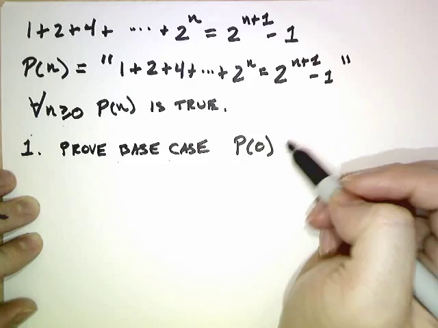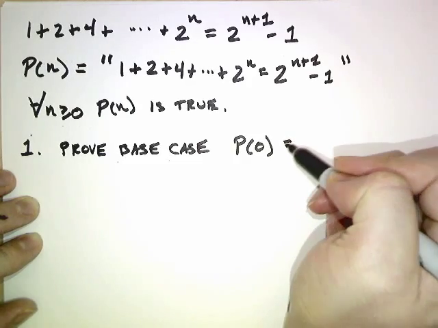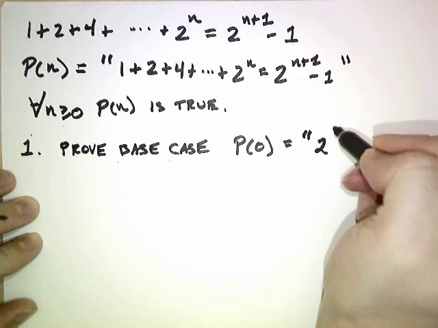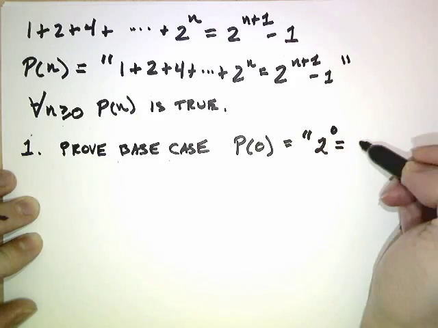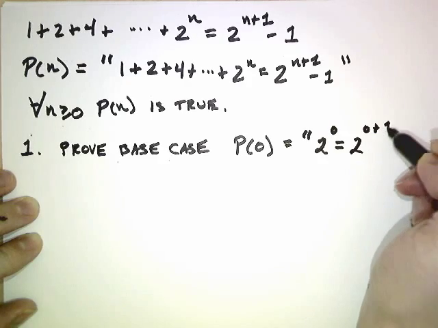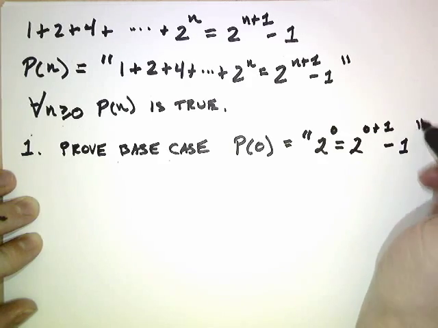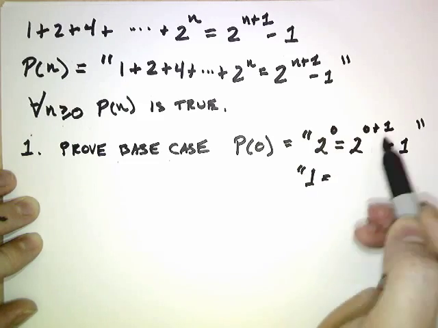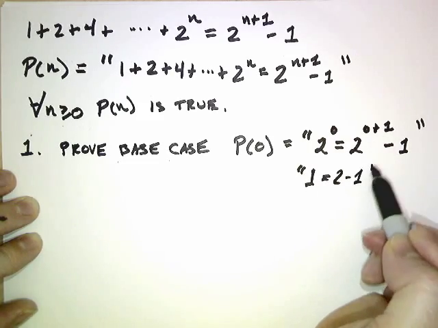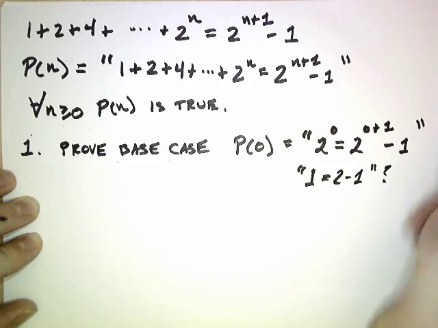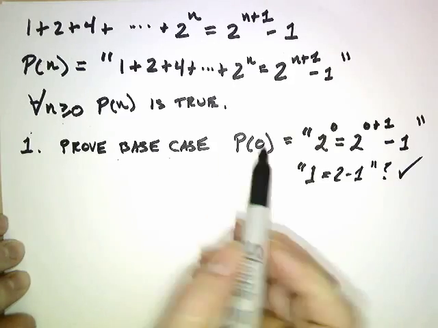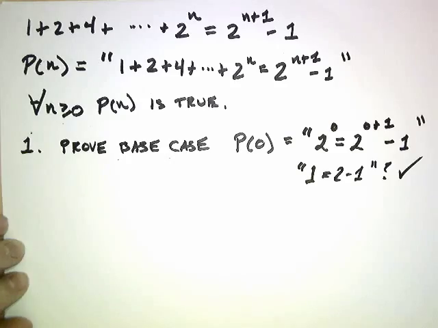And what is P(0)? P(0) says that 2^0 should equal 2^(0+1) - 1. So is it the case that 1 equals 2 - 1? Yes. So the base case, P(0), is true. We just substituted in 0 for our predicate here.